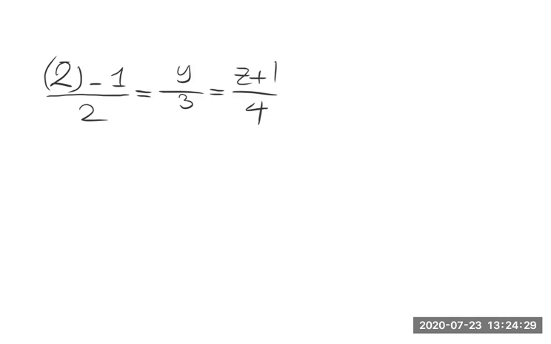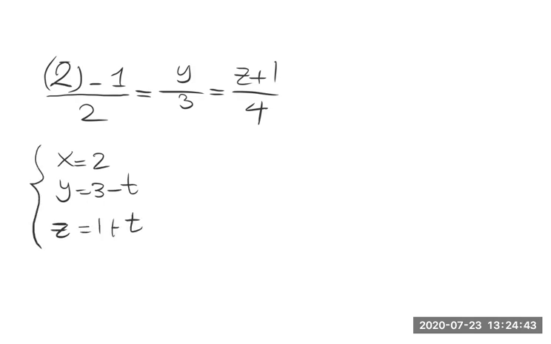The equations for the other line were x equals 2, y equals 3 minus t, and z equals 1 plus t. That's the equation for the other line. I could write the symmetric equation, or I could write the parametric equation. Both work.